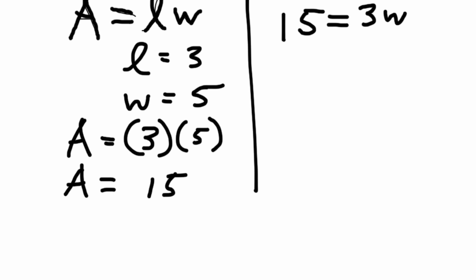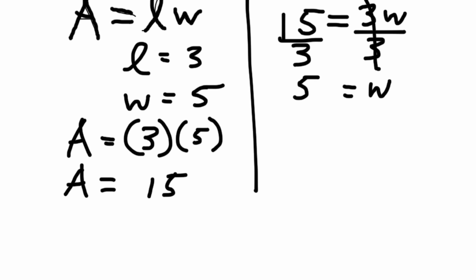So we have to use our equation solving skills. We divide both sides by 3. That cancels out, and we get W equals 5. Okay, so these are easy to do, but let me do a more complicated one.